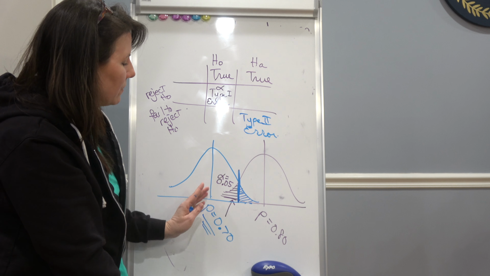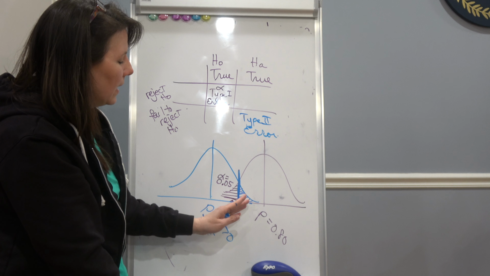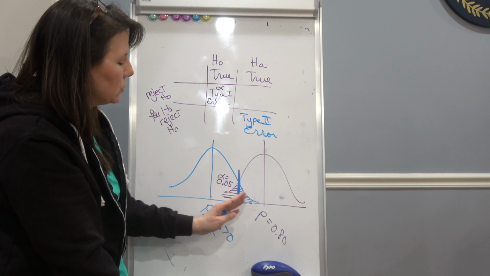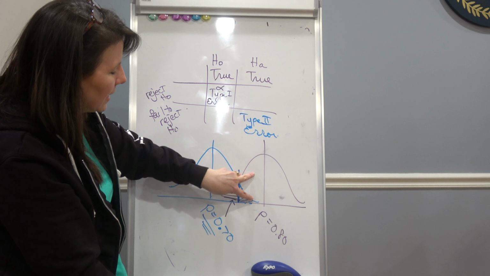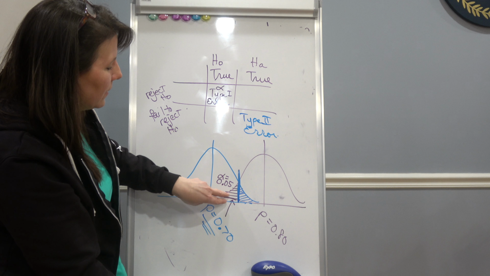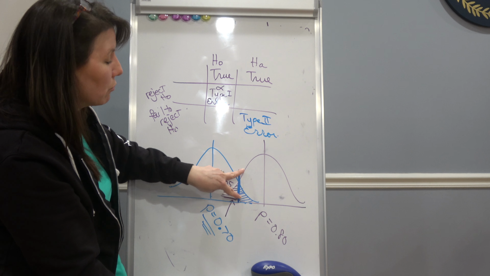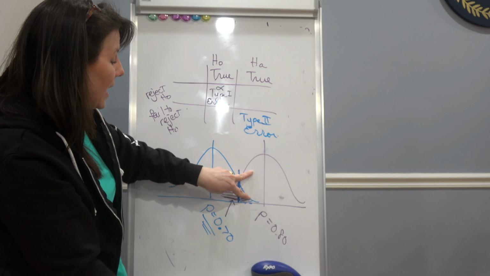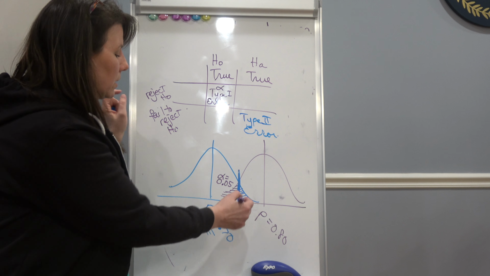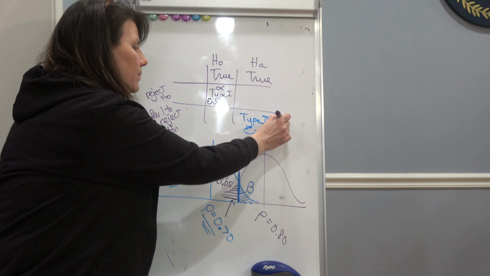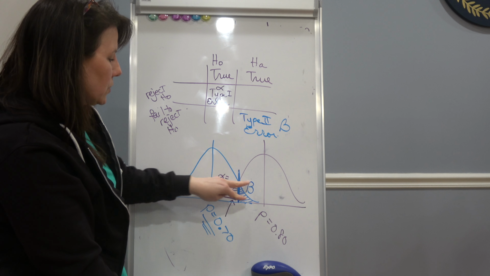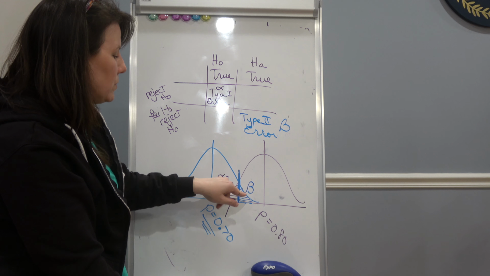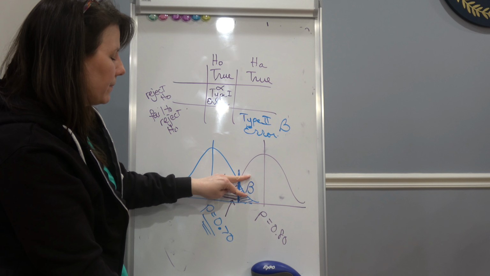Depending on how the type 1 error works, you could do one of two things to make this blue area smaller. I could slide this way, that would make the blue area smaller and the purple area larger. So I could increase alpha, and that would decrease the blue area, which we call beta. Beta is the probability of a type 2 error. So they're really inversely related. If a type 2 is worse, I'm going to increase alpha.